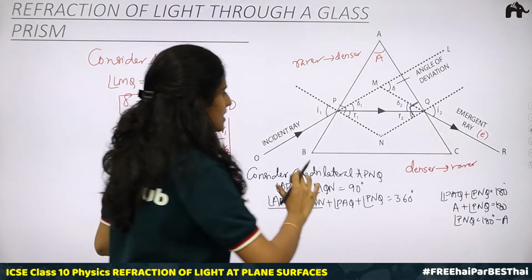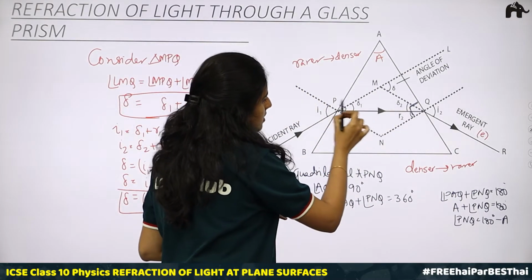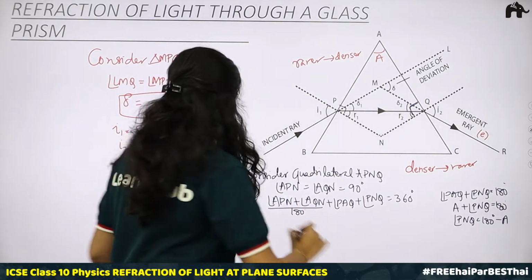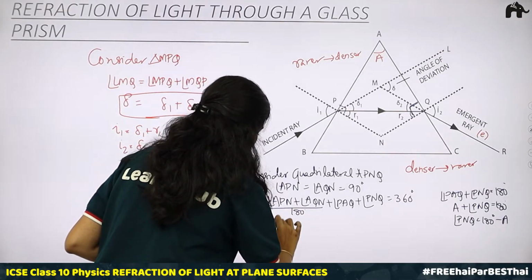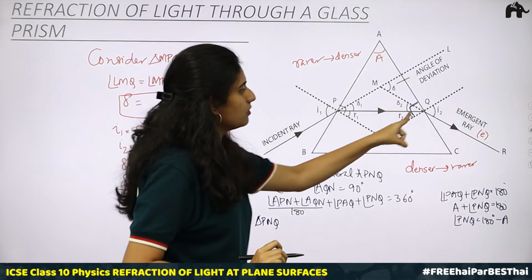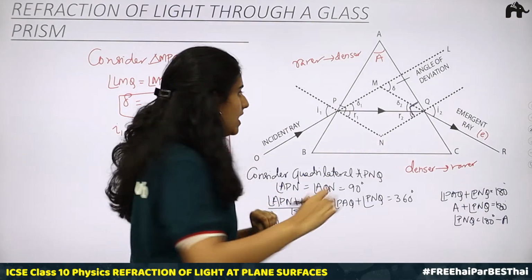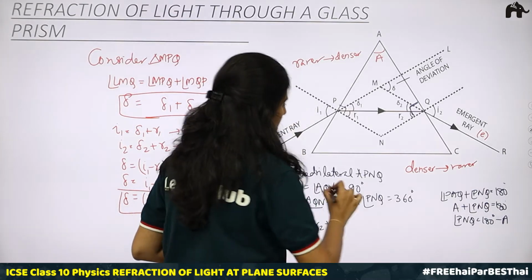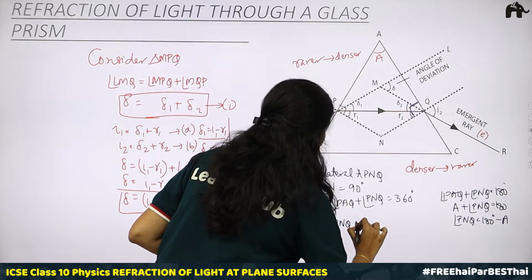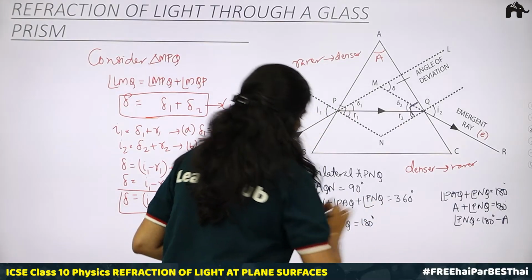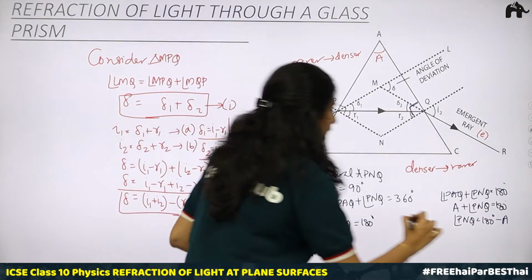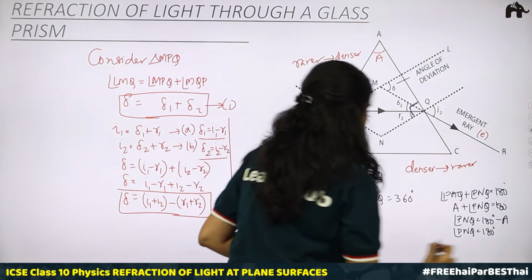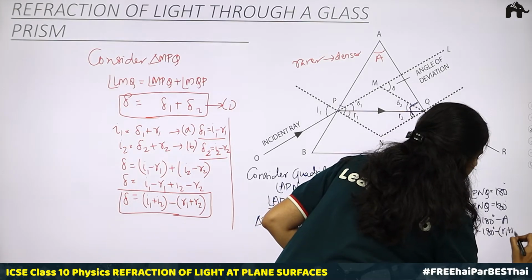Next step, we are going to consider another triangle, triangle PNQ. In this triangle, we know the sum of the angles should be equal to 180 degrees. We have R1 plus R2 plus angle PNQ is equal to 180 degrees.